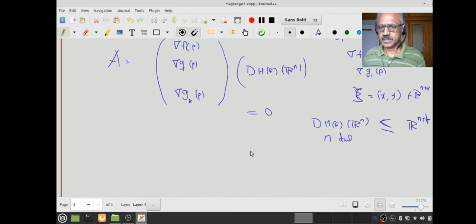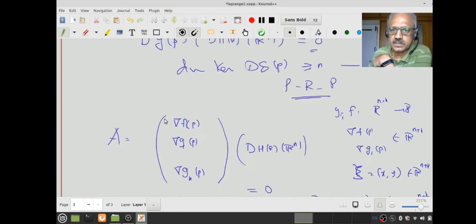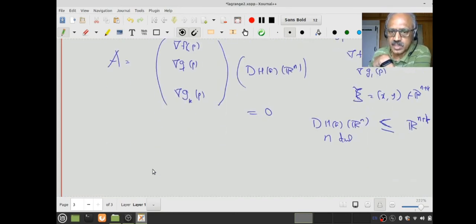Do all of you understand this? Now what kind of a matrix is this? As I said, there are k plus 1 rows and n plus k columns, therefore this is a matrix of type k+1 cross n+k.